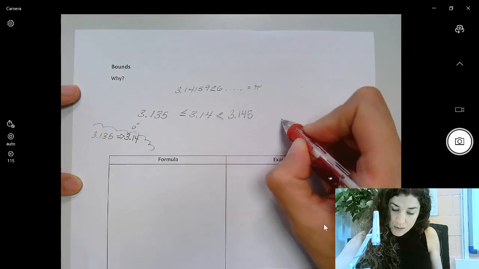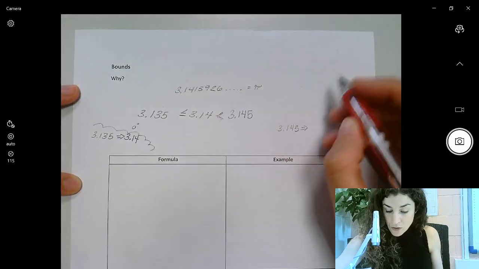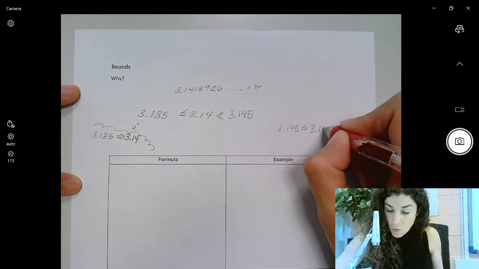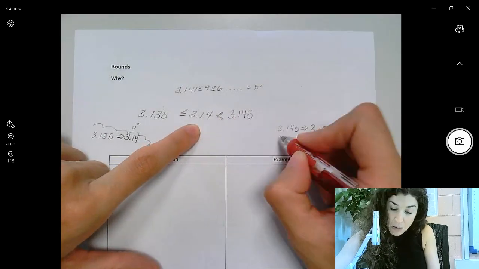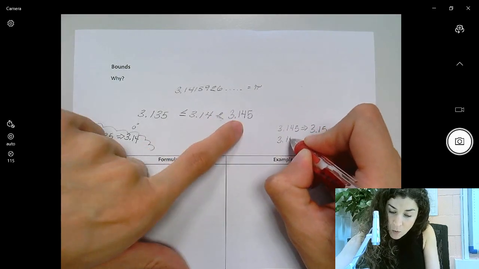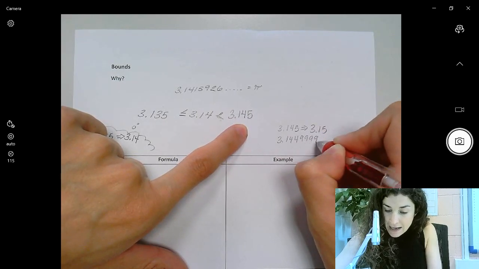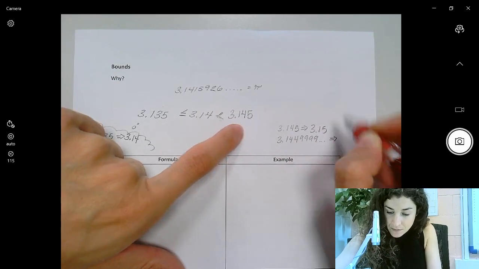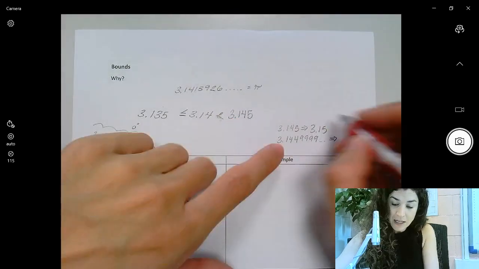This number, 3.145, would round to 3.15. So we are not within the neighborhood to round to this number. However, if we had 3.14499999, that is the number that's just below this number on the number line.